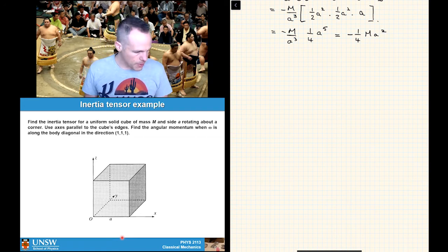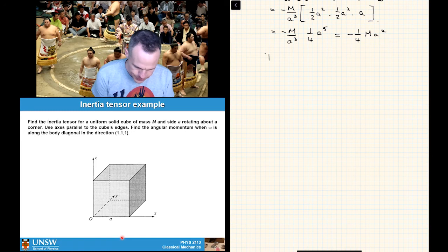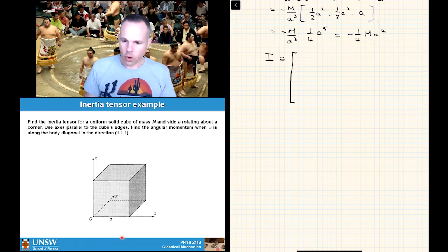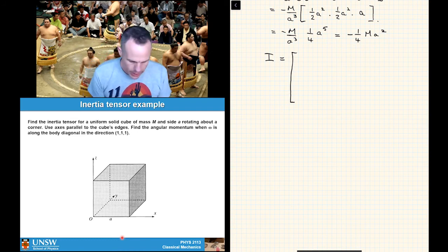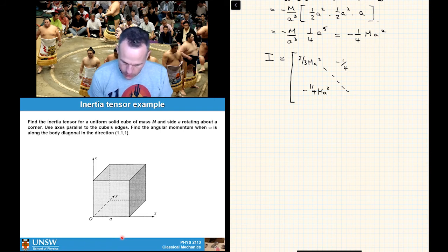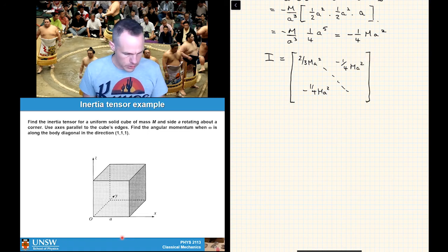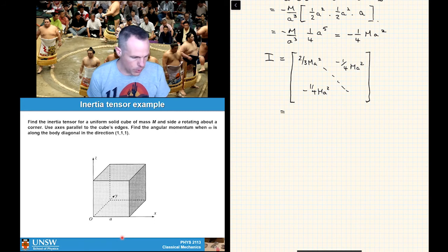Okay? And so if we put this together, our matrix here now will be, we've got our moments of inertia down the diagonal, so this will be 2/3 m a squared all the way down the diagonal, and then we're going to have minus a quarter m a squared on the off-diagonal sides. The other way to write this would be to pull the common terms out the front.